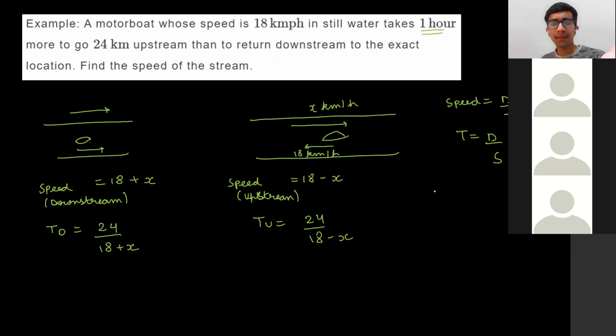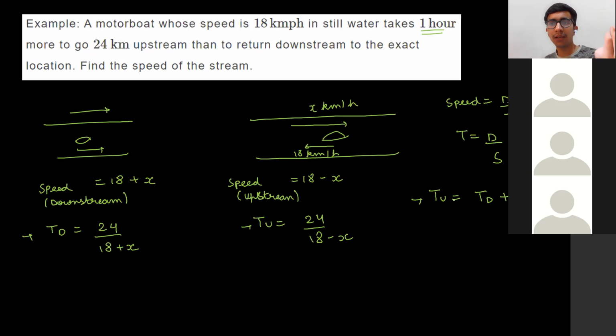So can I say time taken upstream will be equal to time taken downstream plus 1? Yes, sir. So there you go. You have the equation. You have TU, you have TD. Substitute this in the equation and you'll get your final answer.